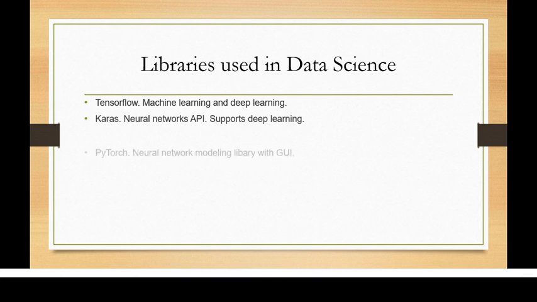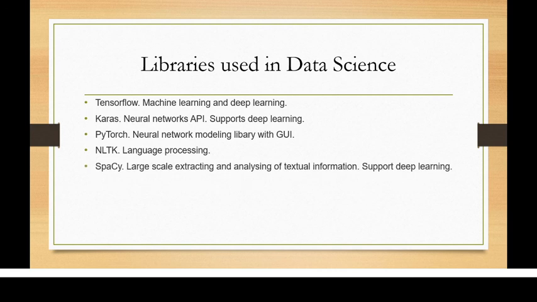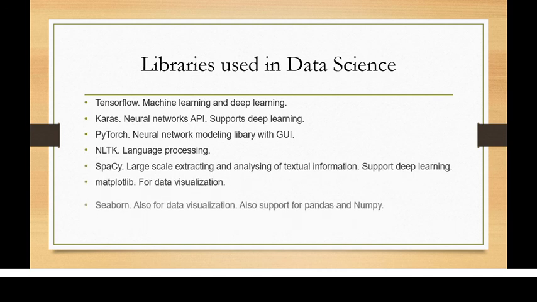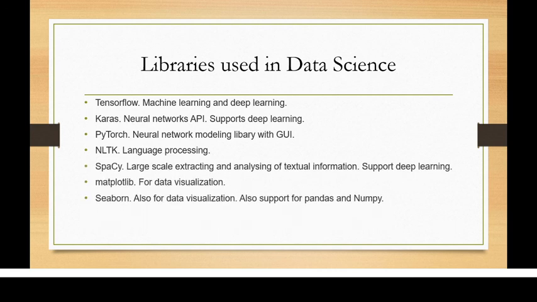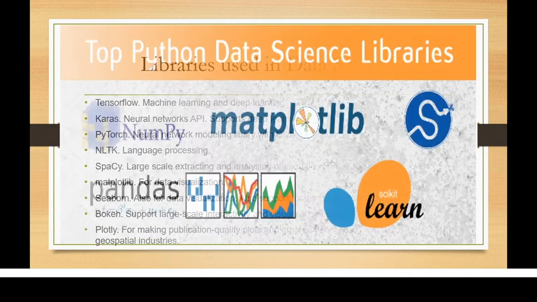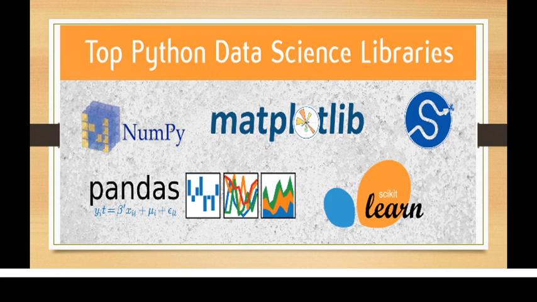TensorFlow, Keras, PyTorch, NLTK, SciPy, Matplotlib. You're going to study Matplotlib for data visuals. Seaborn. We will talk just about a few libraries, that is the top Python data science libraries, which are NumPy, Matplotlib, and pandas.